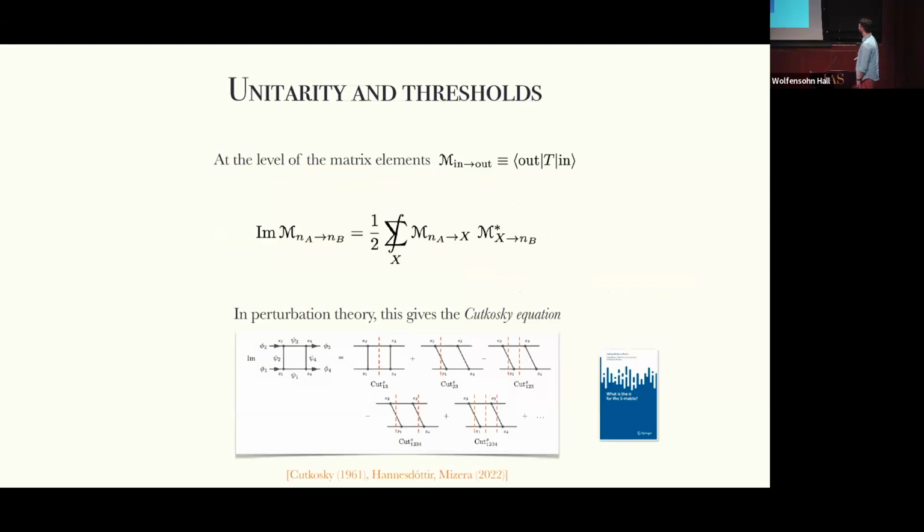If I sandwich this equation between out and in states, I get this equation, which should look familiar to most of you. In perturbation theory, this equation is very useful and gives rise to the so-called Cutkosky equation, which tells us that the imaginary part of a Feynman diagram is just equal to the sum of cuts that separate it into disjoint components. That's a very powerful equality.